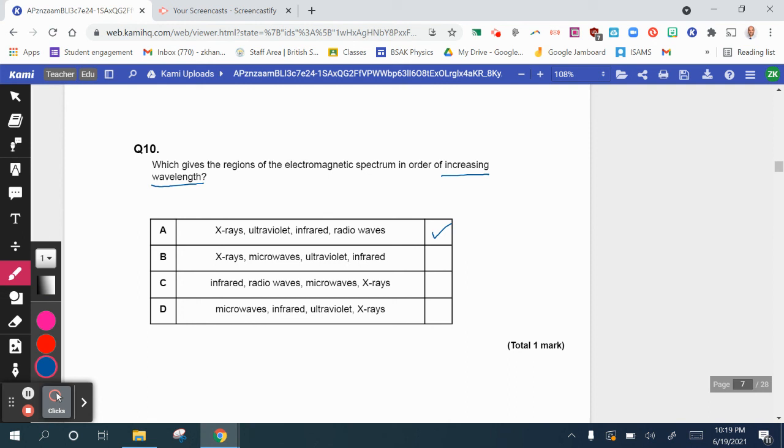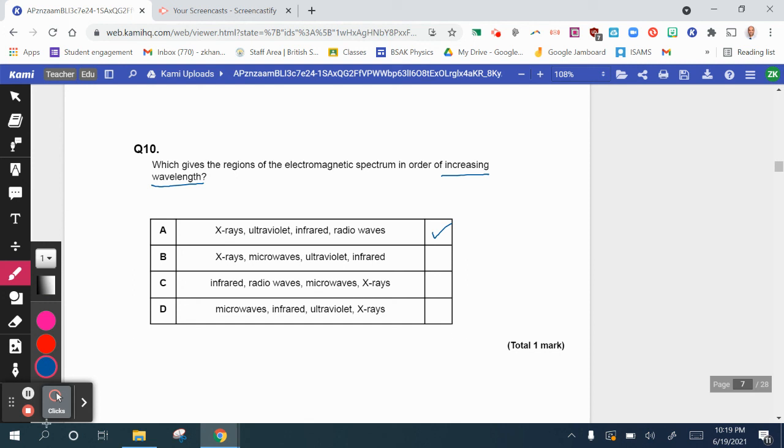Okay, so what we've got, this kind of follows the pattern. This is incorrect because microwaves should be way beyond, right at the end. This is all mixed up. X-rays should be on this side, infrared should be on that side, radio waves should be at the end.